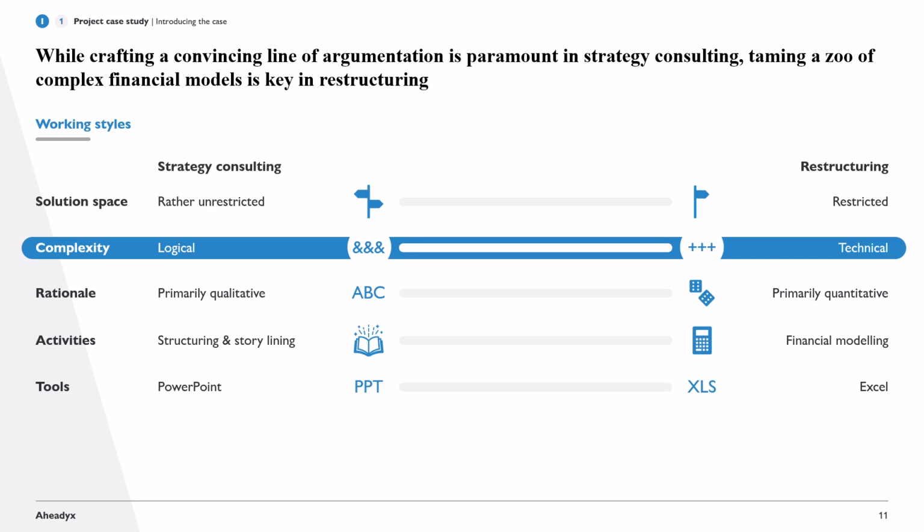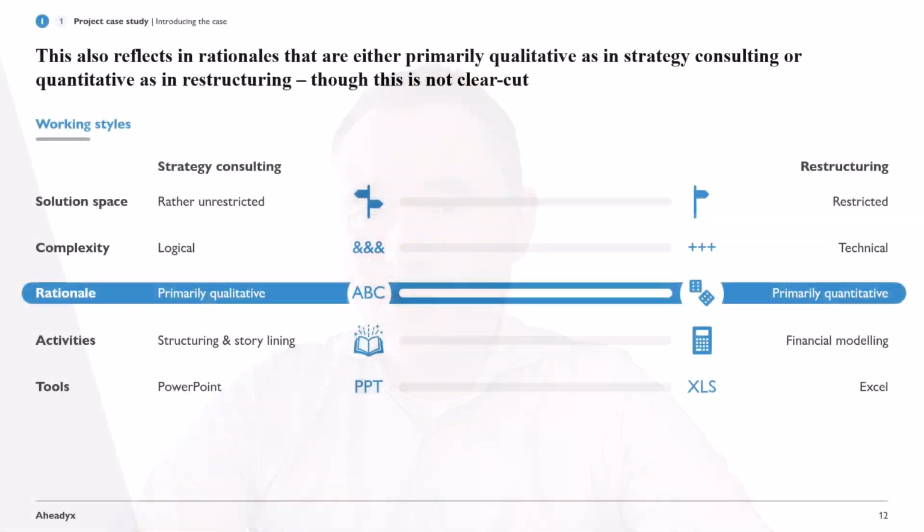So it's not really clear cut if something is qualitative or quantitative, but you could not sum up these 3 arguments like you can, for example, sum up the measures in a restructuring project to close a gap in midterm financing. That's the key difference here. Actually, I pretty much already covered the rationale now. In strategy consulting, this is more qualitative, whereas in restructuring, it's more quantitative, and you can really mathematically break things apart.